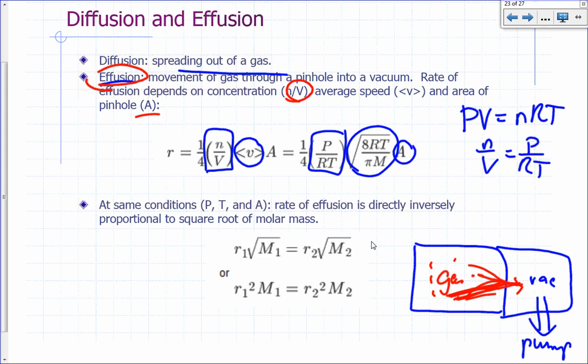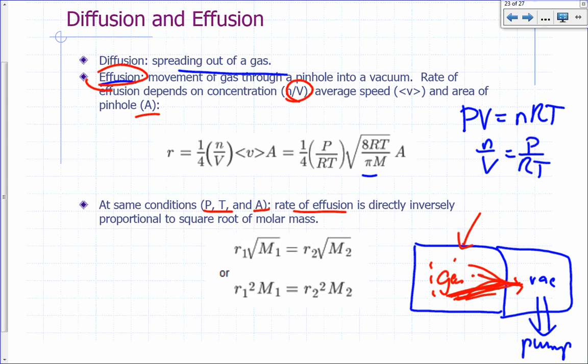Now, if you look at this expression right here, you can see at the same conditions, if you're looking at the same chamber, same pressure, same temperature, same pinhole, then if you put different gases in there, the rate of diffusion of the gas at the same temperature is going to be inversely proportional to the square root of the molar mass.